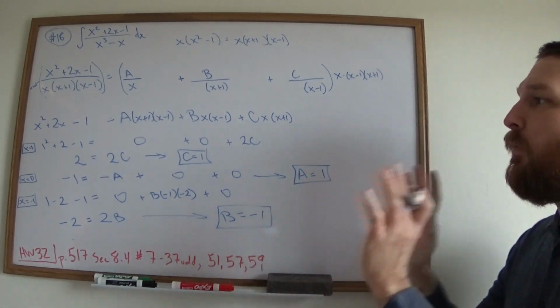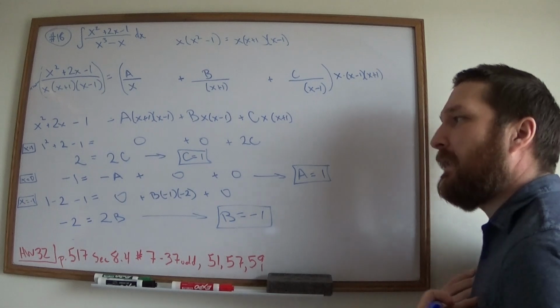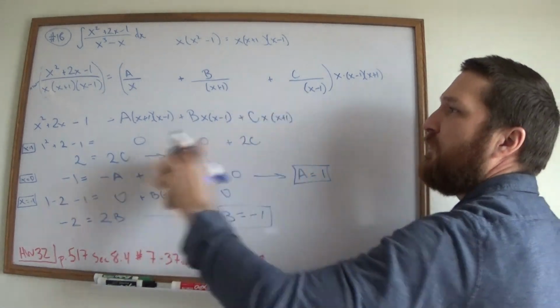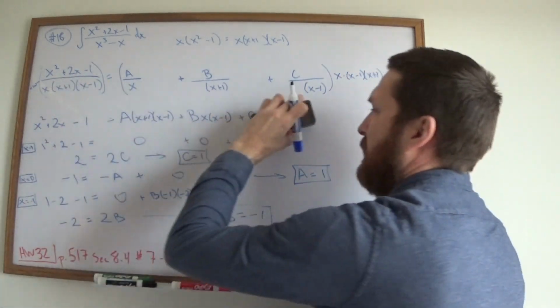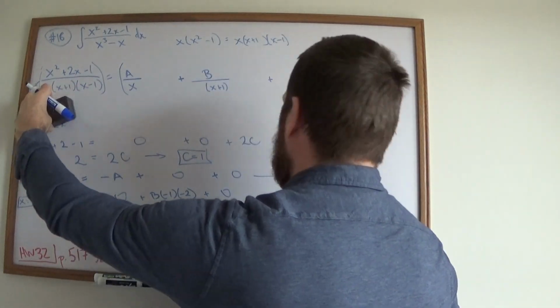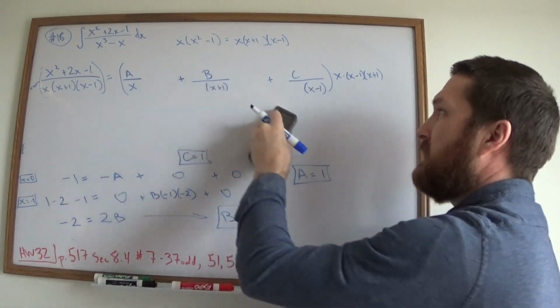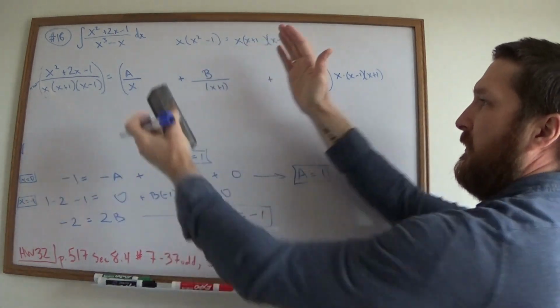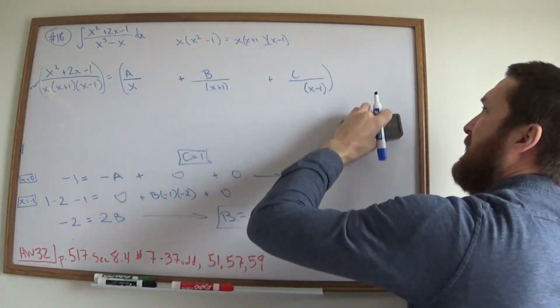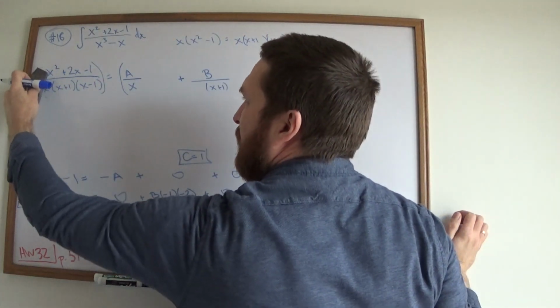So, now I want to check this. This is how I like to check it. I'm going to forget about all of this over here, and I'm simply going to plug in those 3 numbers that I got into this thing right here. In fact, I'm forgetting all of this stuff that I did.